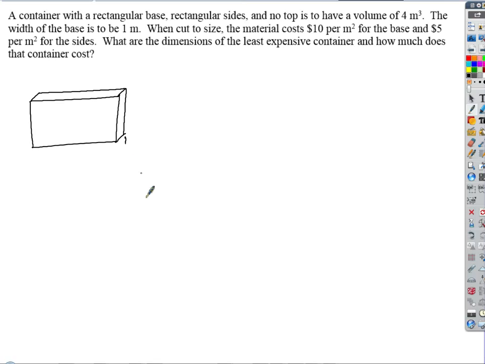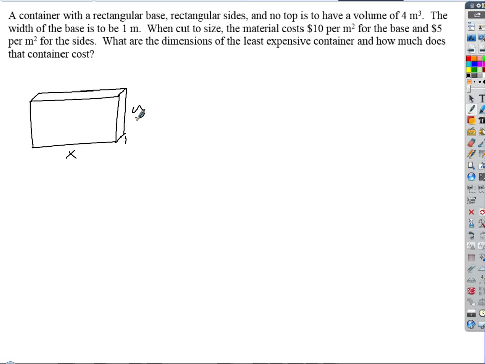The width of the base is 1. What's the length of the base? X, okay. What's the height? Y. That makes sense, right? Those have to be variables. I'm not given anything about those.